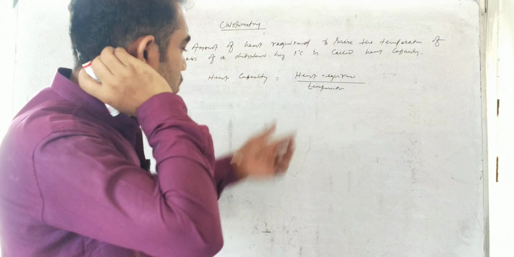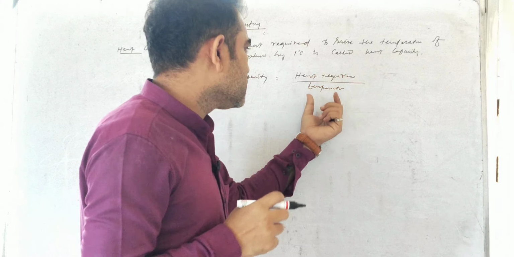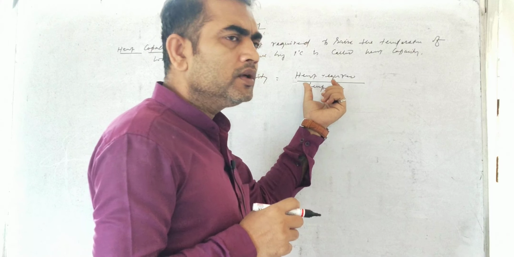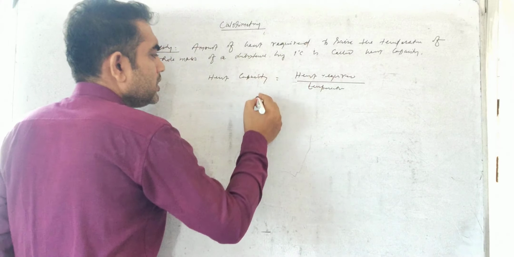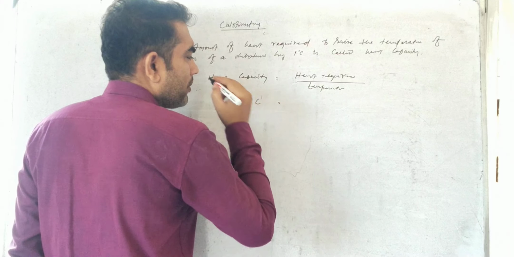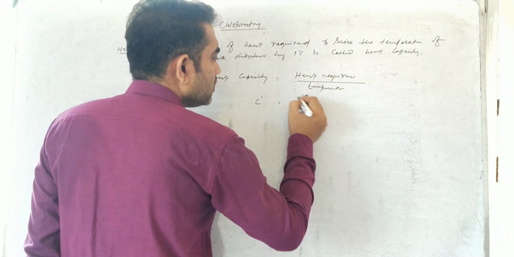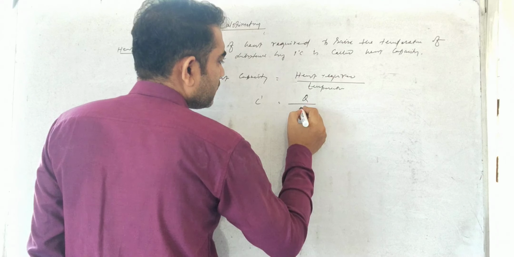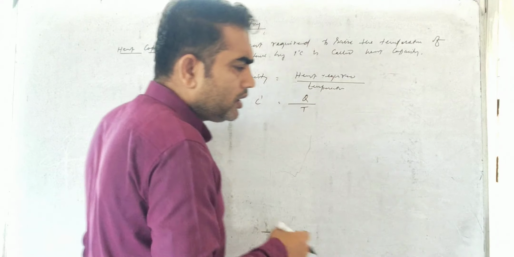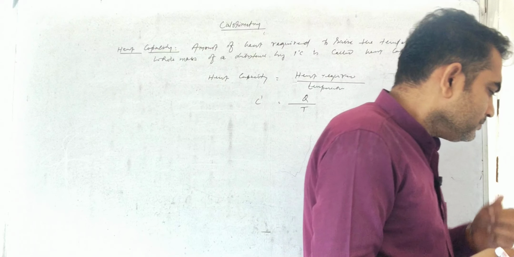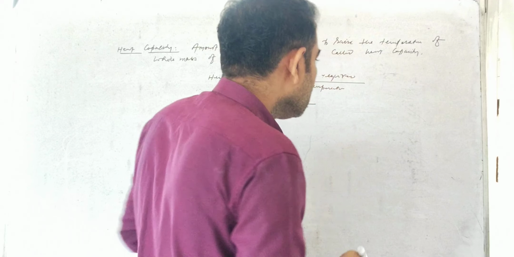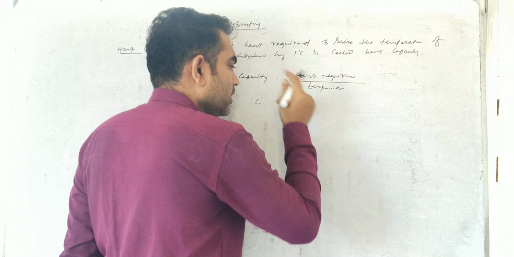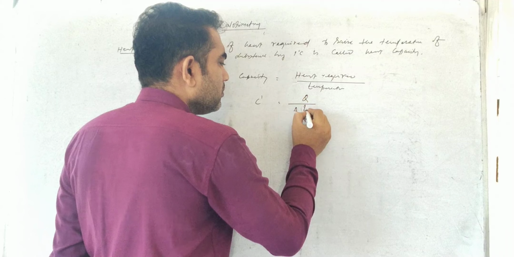That means the total amount of heat required to raise the temperature of a substance by 1 degree, so we divide it by temperature. So C dash stands for heat capacity, Q is for heat, and for temperature we write T, the change in temperature, del T.